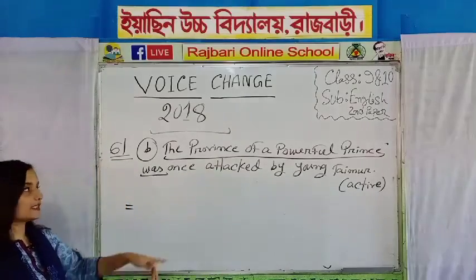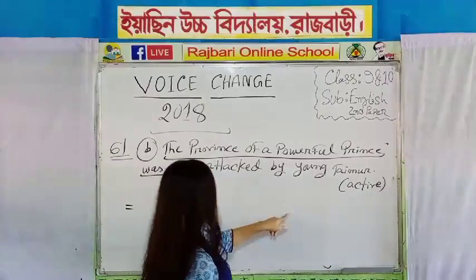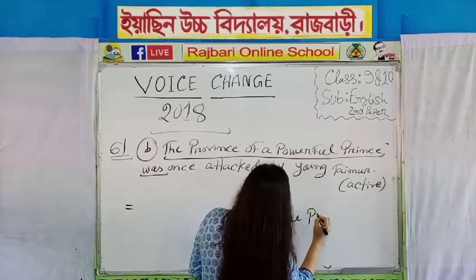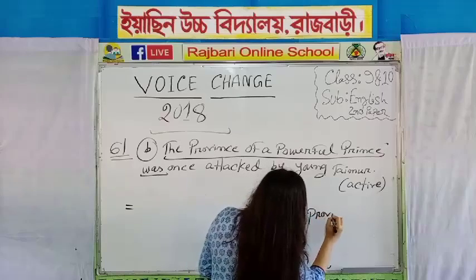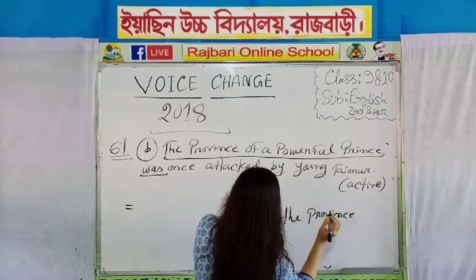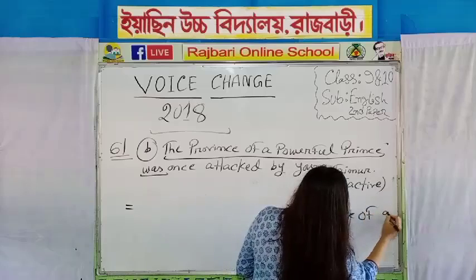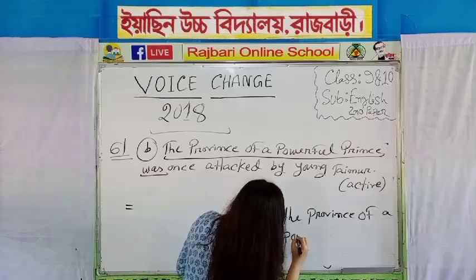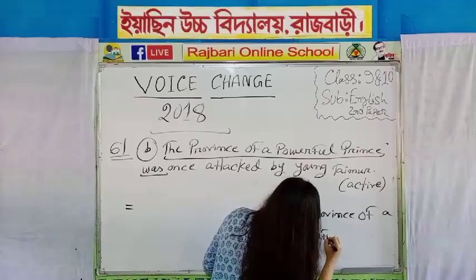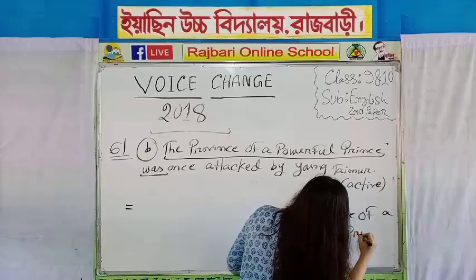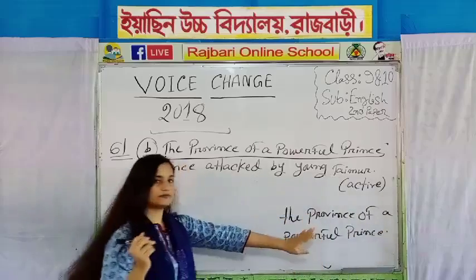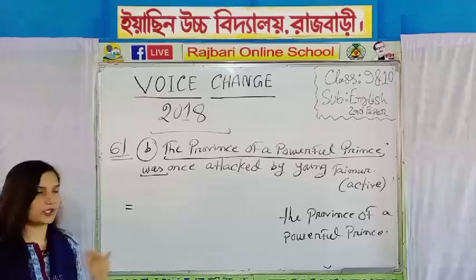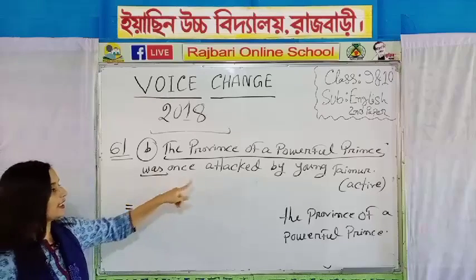So we will make the subject into the object. So you can write down here the province of a powerful prince. Done. We made the subject into the object. Right. Next part is identifying the tense.